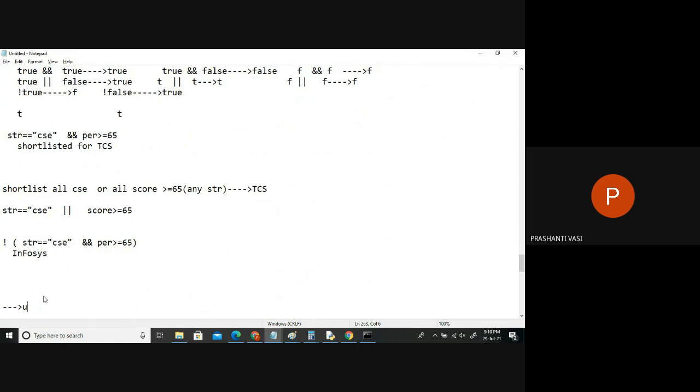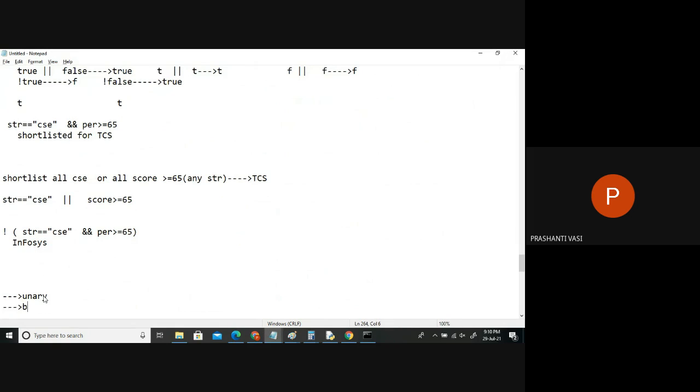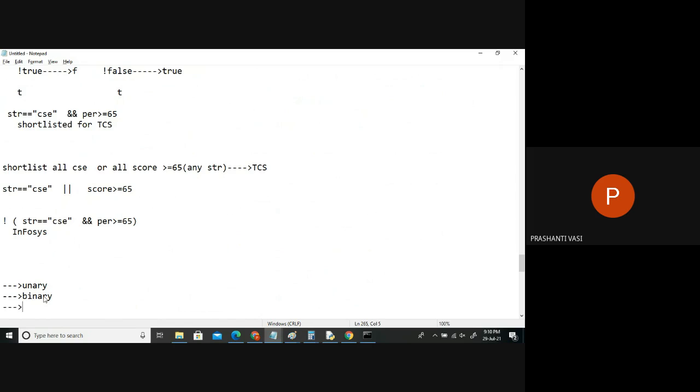In operators, we can find three categories: unary, binary, and ternary. Unary consists of only one operand, binary consists of two operands, and ternary consists of three operands. But unary is always higher than binary, precedence wise, and binary is also always higher than ternary. Unary operators, we have only a few.